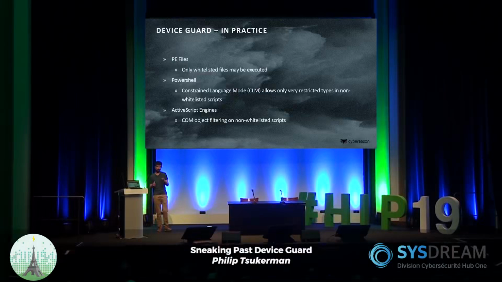The same thing, or a very similar thing, happens with ActiveScript engines, which are JScript, VBScript, etc. These actually only communicate with the operating system via COM objects. And when you're running a script that's not whitelisted, that's not signed, you will only be able to create a very small subset of COM objects, and none of them are useful for attackers.